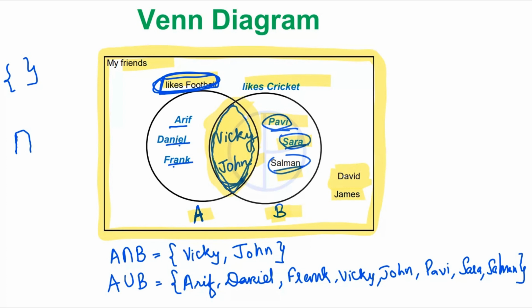We would just put all those names here and then close it. We just write everyone's name down. And by the way, do we need to write Vicky and John twice? As long as they are represented once, that's fine. So this is union, and remember that it looks like a capital U. And this is intersection.